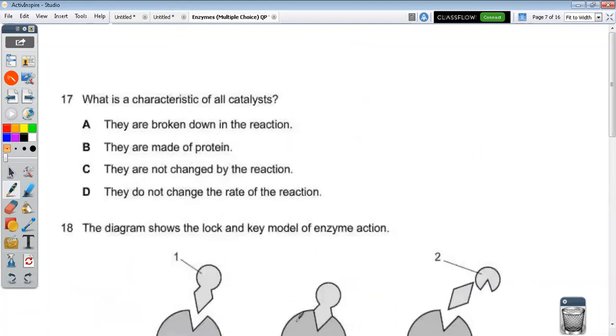What is characteristics? They didn't say enzymes, or catalysts. Because in chemistry, enzymes are catalysts, but we also have transition metals as catalysts. Not only enzymes are catalysts. So if you say they are made of protein, that's not correct. It's enzymes that are made of protein.